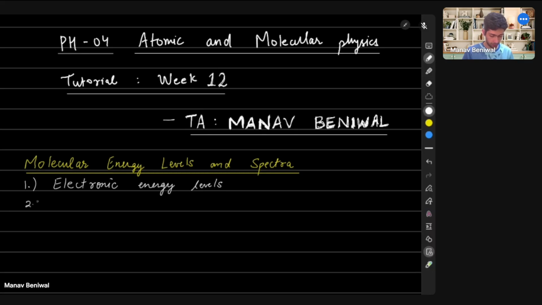Secondly, we have rotational energy levels. Now, these energy levels arise because of the rotational degree of freedom of a molecule, right? So a molecule can rotate, and because of rotation, it has a rotational energy. This rotational energy is quantized, and this quantization gives us rotational energy levels and correspondingly a rotational energy spectrum.